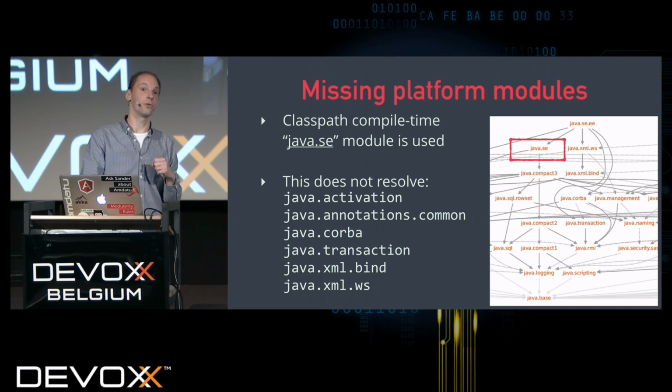These application servers would certainly have, for example, alternative WS implementations on their class path, and that would just be broken. So sort of a judgment call was made here, and it's a tough choice, but in the end they said, okay, we're going to run the compiler and Java runtime by default, if you're in class path mode, against this subset of modules that's reachable from Java SE, not Java SE EE. So that's what we're up against.